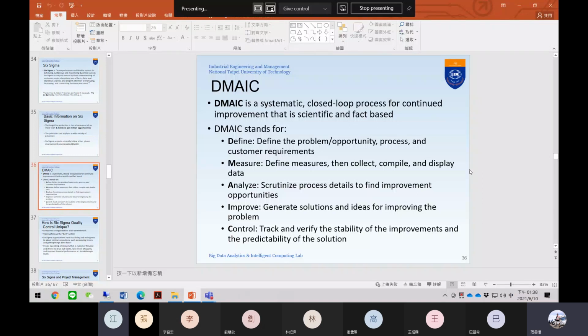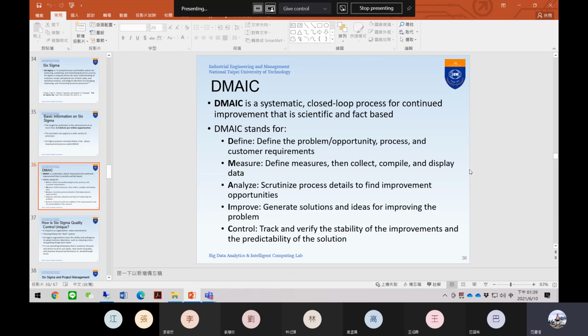So, are you back? Yes, I'm sorry. Then DMAIC: the D stands for define. Define the problem, opportunity, process, and the customer requirement. Measure: collect and compile data, display data.